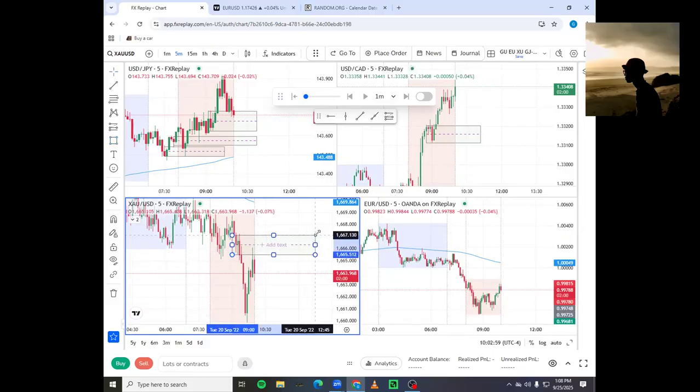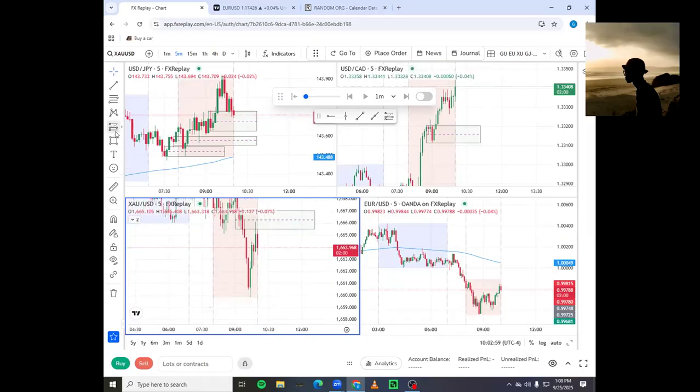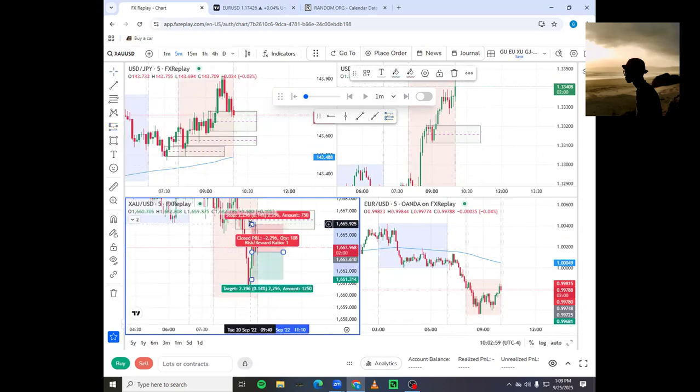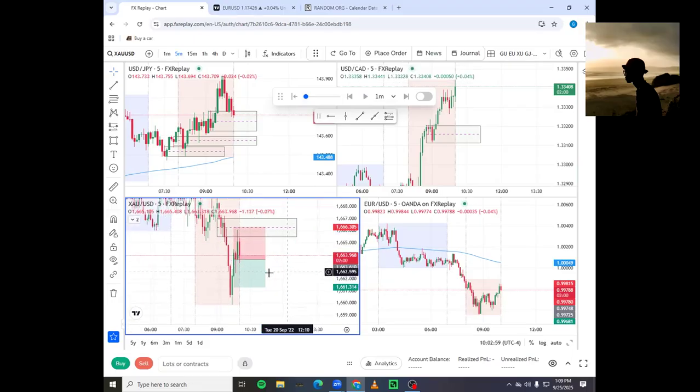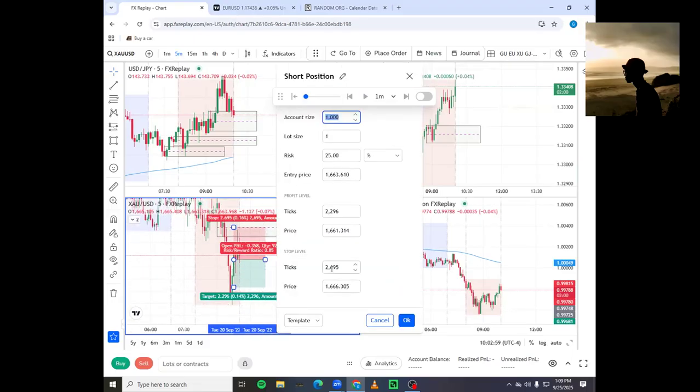Gold also here, right? And look at this. We entered and rejected outside. These are the setups I want. Entered and rejected outside. So this is going to be my entry on gold. Stop loss on the middle line. Take profit the same as the 2.695, I also want it to be 2.695.